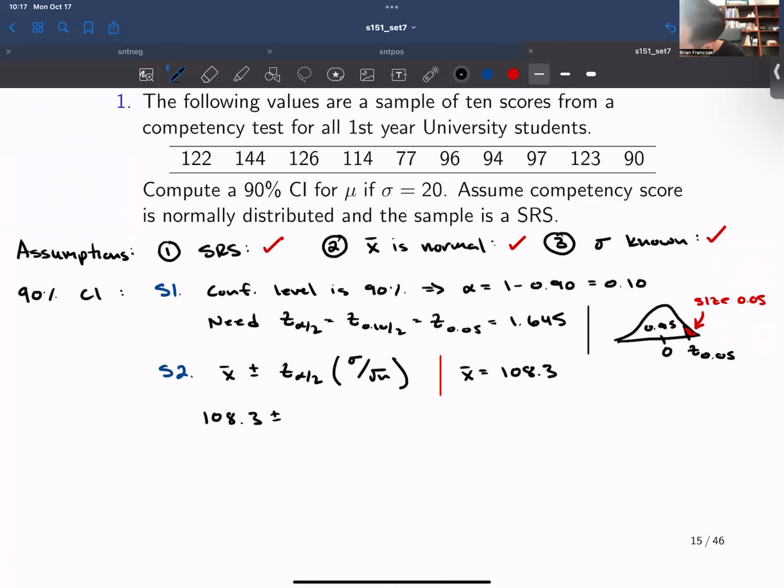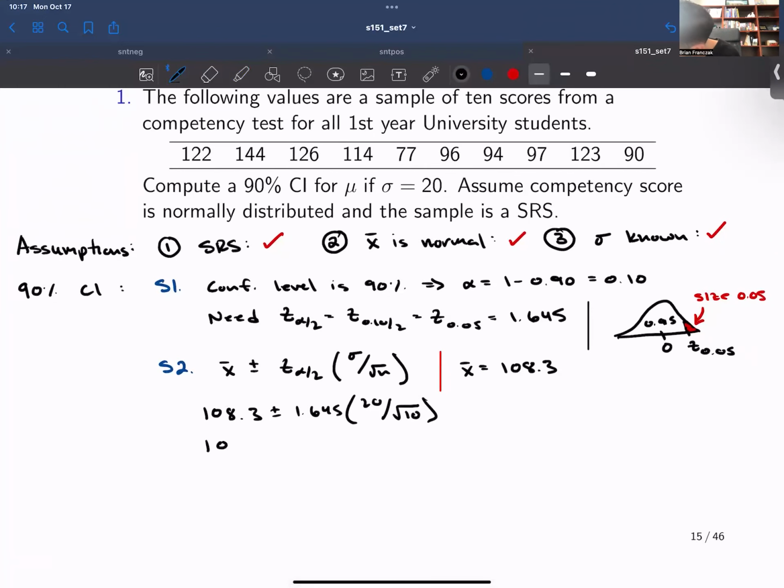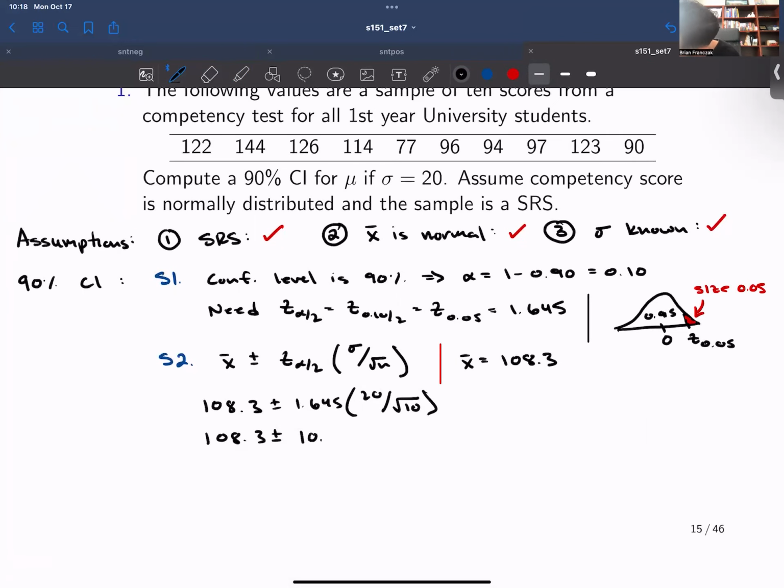So we have 108.3 plus or minus 1.645 multiplied by 20 divided by the square root of 10. That gives us 108.3 plus and minus, in this case, 10.403 or 10.404.